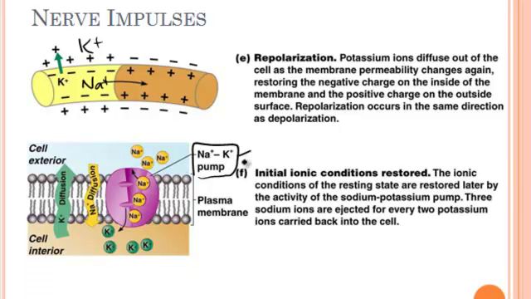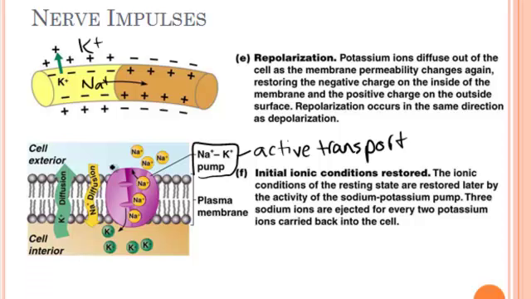Way back in one of the early lectures, we talked about active transport. And we talked a little bit about the sodium-potassium pump as that active transport. This is one of the major places it comes into play in our body. Because the sodium-potassium pump's job is to return this axon to its resting potential, to the initial conditions. So we're going to have positive on the outside, negative on the inside, but that's going to be caused by sodium ions found on the outside, potassium found on the inside.